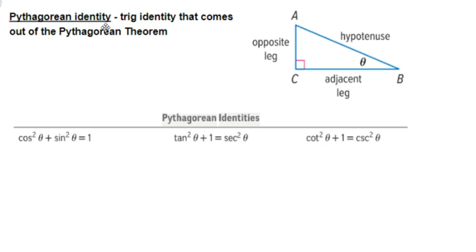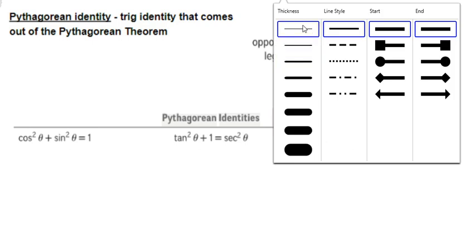So the one on the left is the big one. If you look at it, it should make some intuitive sense, because cosine and sine are the values that you get when you go around a circle.